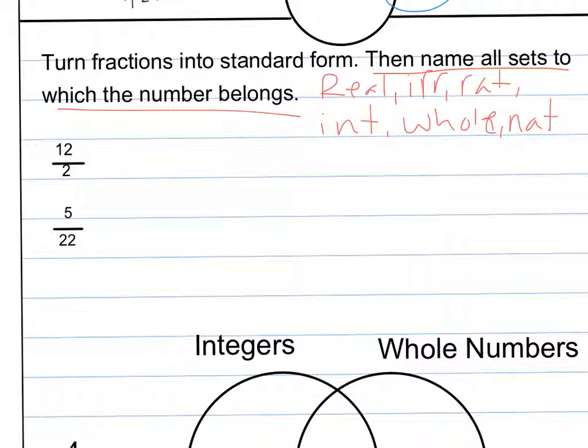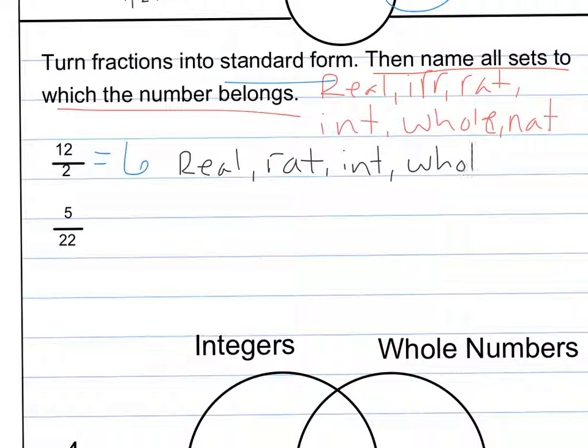So we've got to simplify first, make standard form. 12 over 2 is the same as 6. Well, 6 obviously can be written as a fraction, so 6 is real, first of all. It is rational. 6 is an integer. 6 is a whole number. And 6 is a natural number.